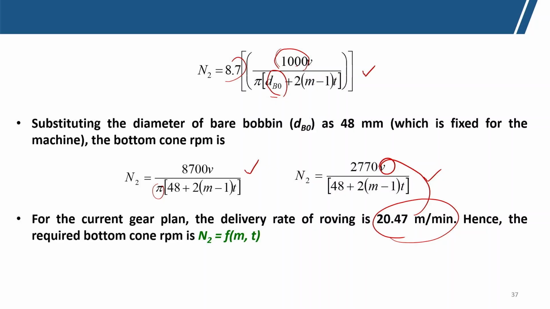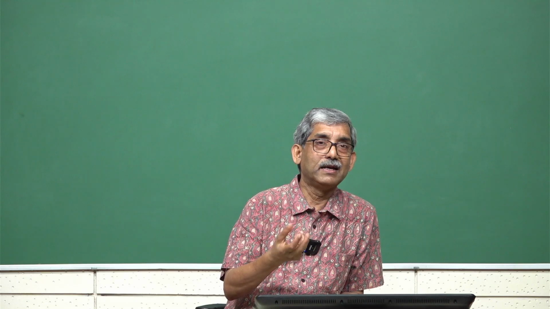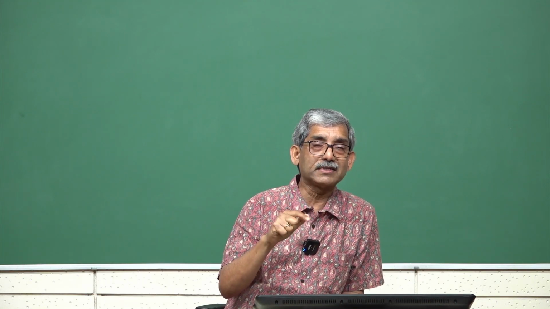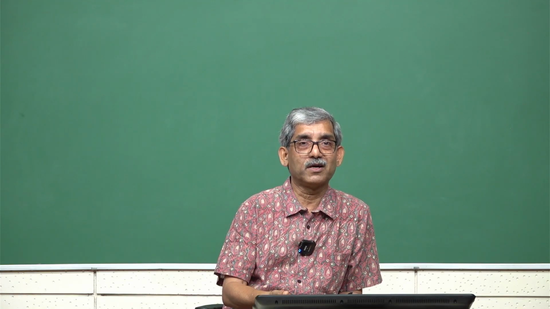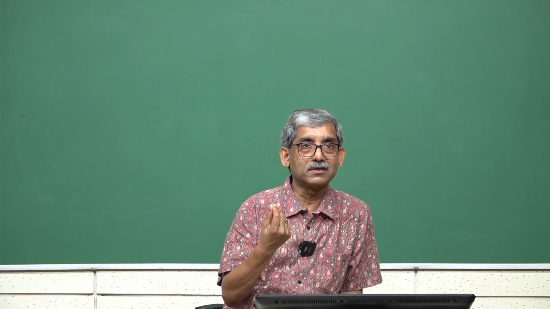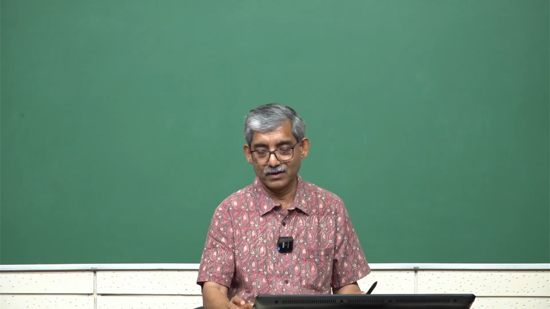Hence, the required bottom cone RPM N2 is a function of T and mth layer. So, bottom cone RPM is a function of mth layer number. If the number of layers is increasing, the bottom cone RPM will reduce, it is inversely proportional, and also if the thickness is increased, the bottom cone RPM will decrease.